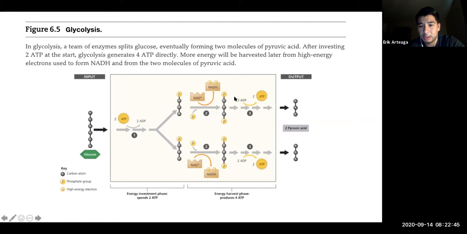So this is separate. This can happen with or without oxygen. So this is what will occur if you guys are running sprints and you have something called anaerobic conditions in the muscle tissue, and you have lactic acid fermentation, right?